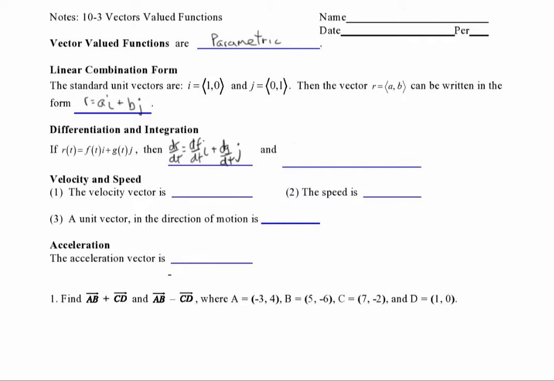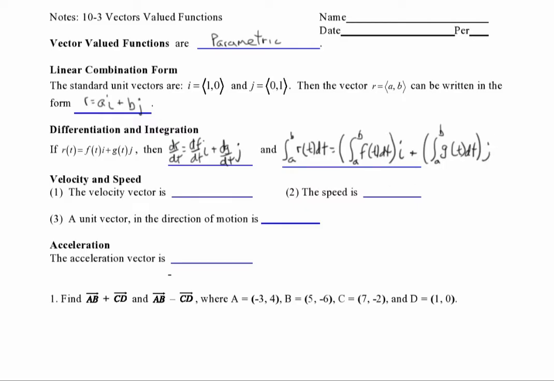And for integration, we'll look at the integral from a to b of r of t dt, and we can integrate each part. So we'll say the integral from a to b of f of t dt times i plus the integral from a to b of g of t dt, and then j.